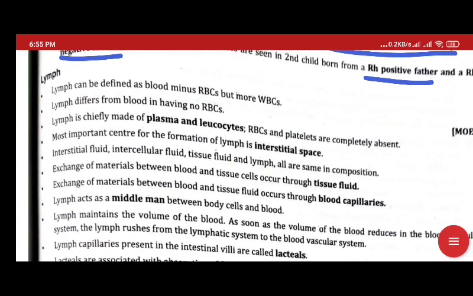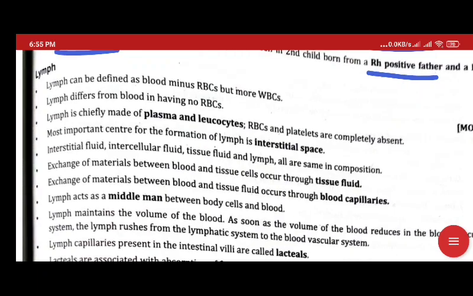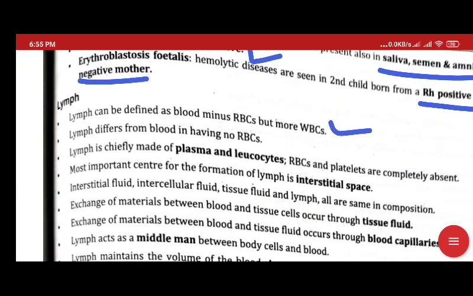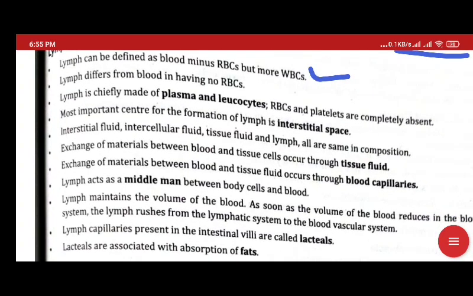Now lymph is the other component of blood. This is blood minus RBC, with more WBC. Lymph is absent of RBC.